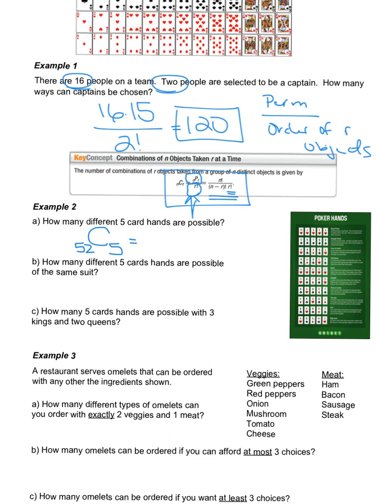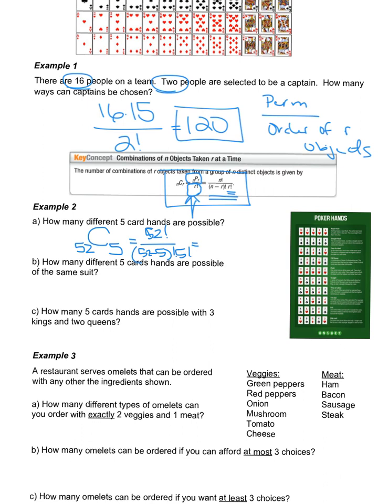You can either use the button on your calculator, or we know with our notation, 52 factorial over 52 minus 5 factorial divided by 5 factorial.